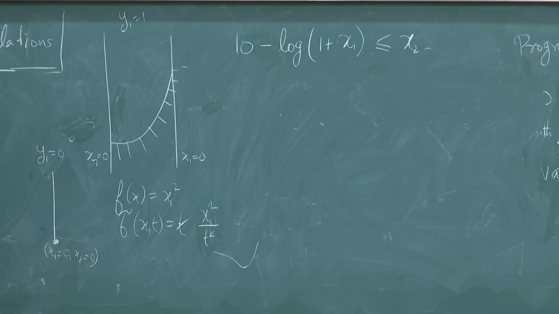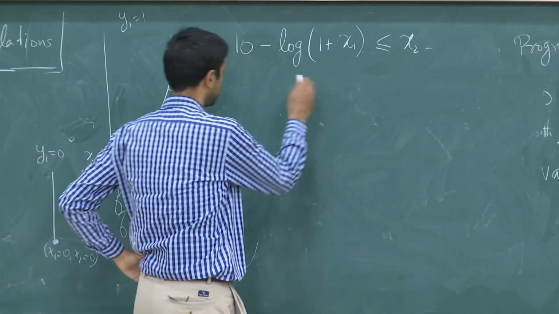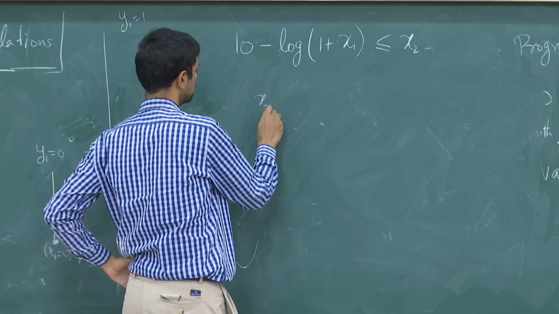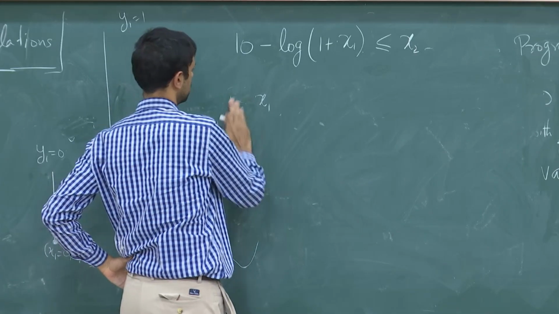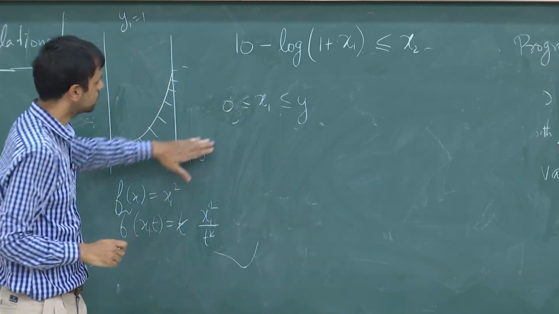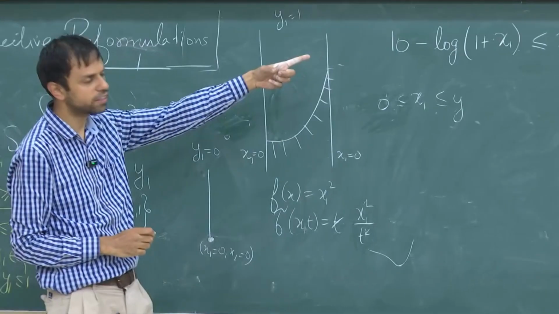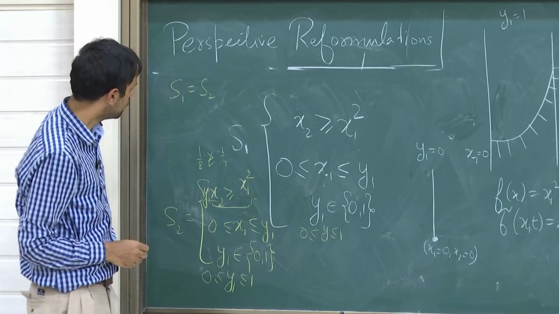And if there is an indicator variable on x1, then I can apply this perspective transformation to this.